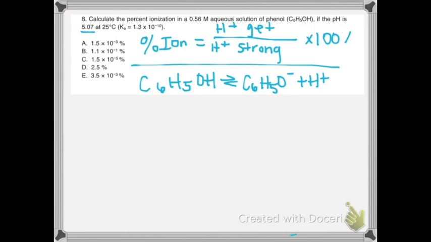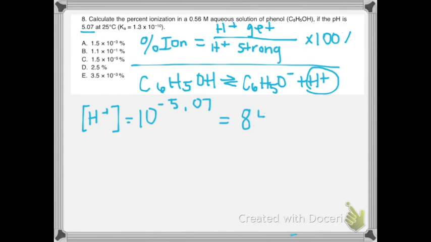And if they tell us what the pH is, we can figure out what our concentration of H plus is. So our concentration of H plus is just going to be equal to 10 to the power of negative 5.07. That's our pH. And we get an H plus concentration equal to 8.51 times 10 to the negative 6 molar. So that will be our numerator there.